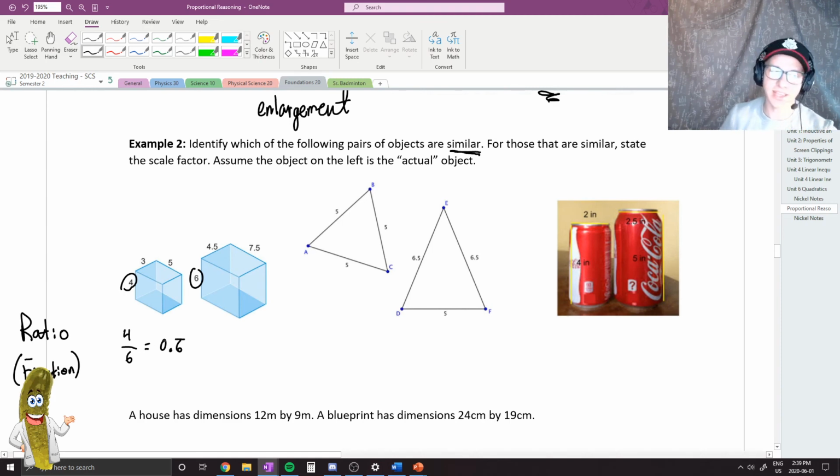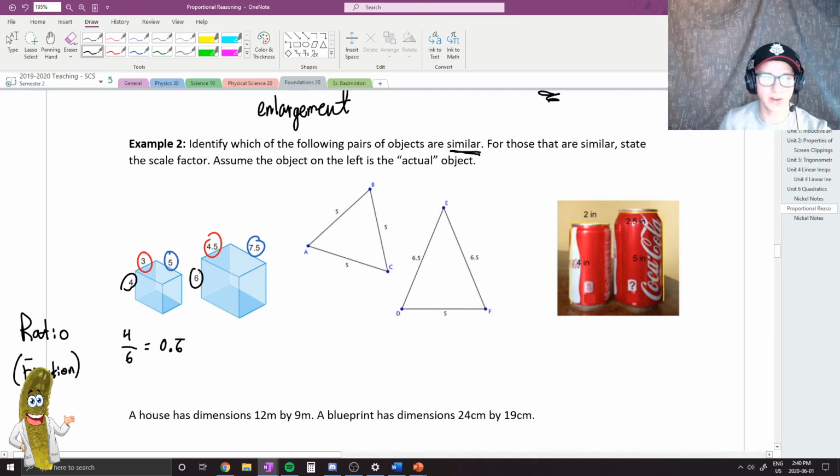And so what I would then say is, if these two objects are actually similar, whenever I take the other two of the same side, those two better have the exact same ratio, or the same decimal value. Because if they do, then I know that these things have been scaled up or scaled down by 0.6.